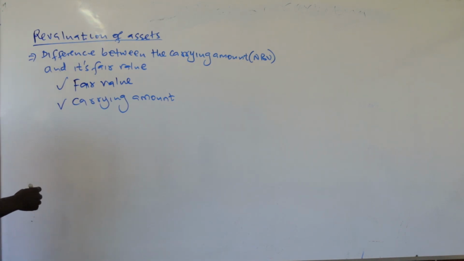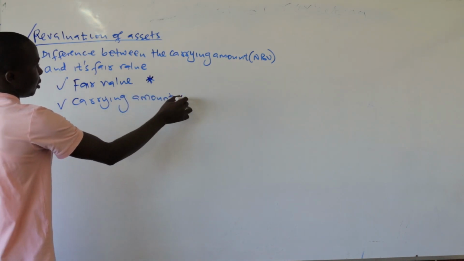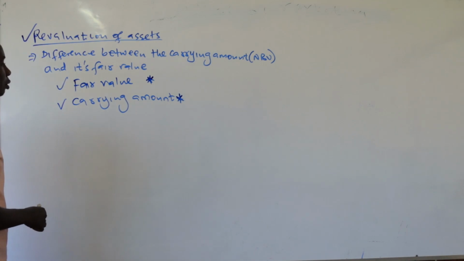So the examiner can test revaluation in 3 different ways. The first way is whereby the examiner will provide the fair value and the carrying amount, and you take the difference.